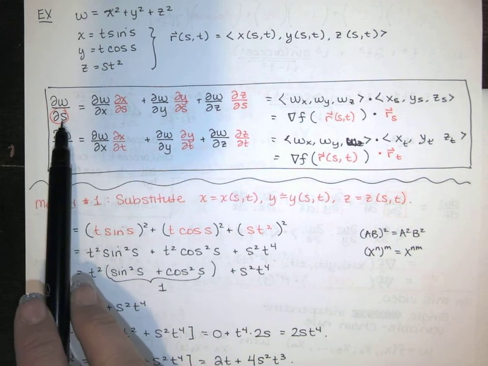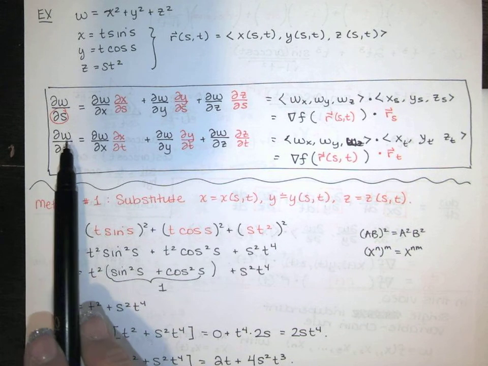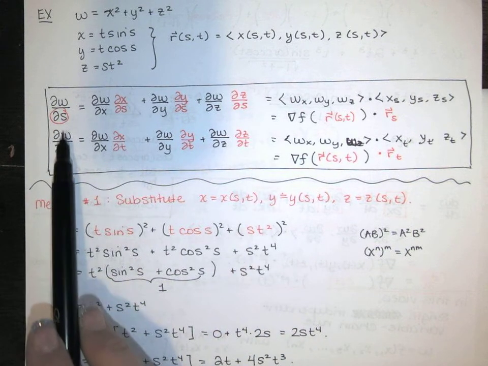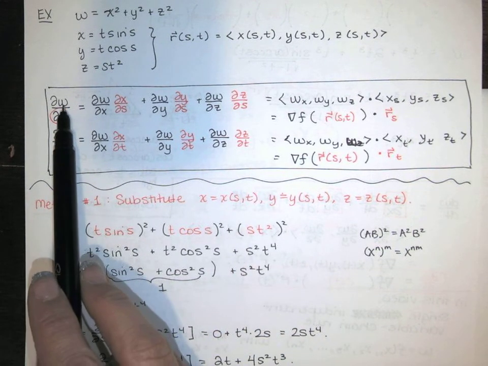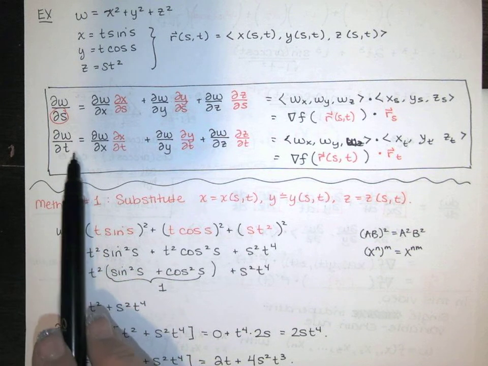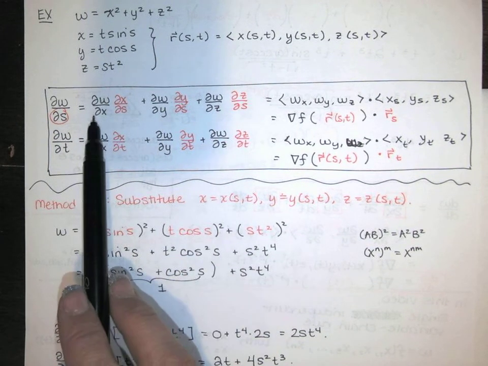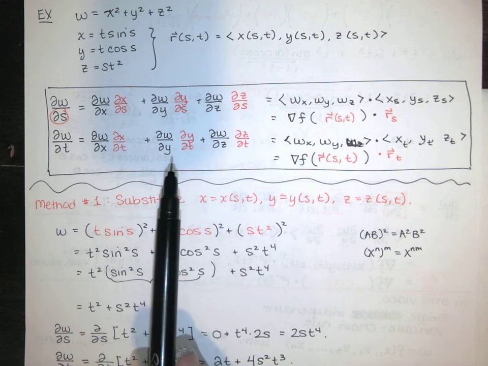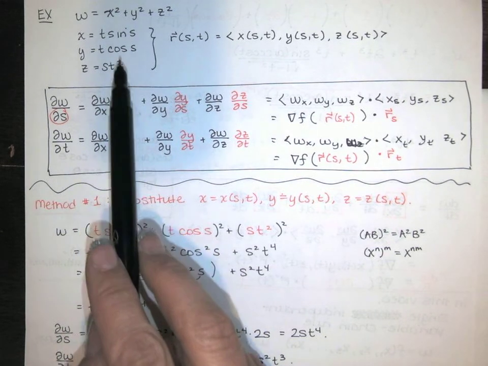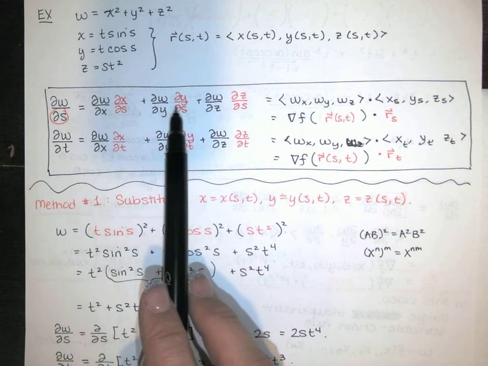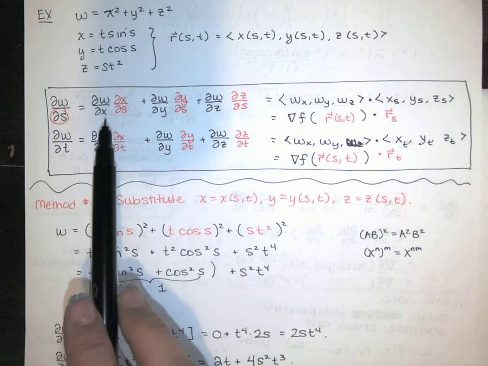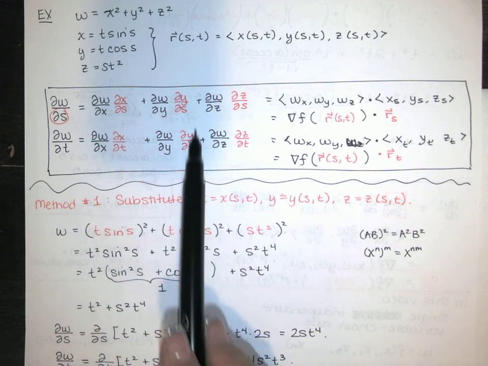And we've got two new independent variables. We're going from x's, y's, and z's to s's and t's. The new w is a function of s and t only. So we want these partials with respect to x, y, and z written in terms of s and t by substitution. And then we take the partials of these guys with respect to s and t and multiply them in the appropriate way.